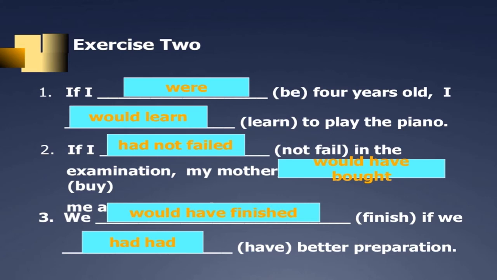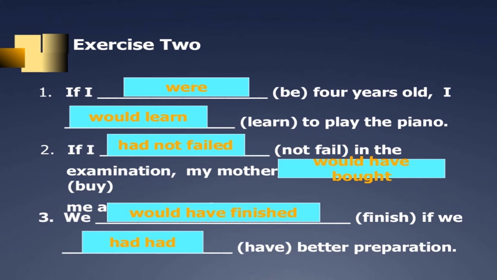And now, if I had not failed in the examination, it means I have failed the exams. This thing has happened. Now it cannot happen again. It is past, so I will use past perfect here. If I had not failed in the examination, my mother would have bought me a gift.